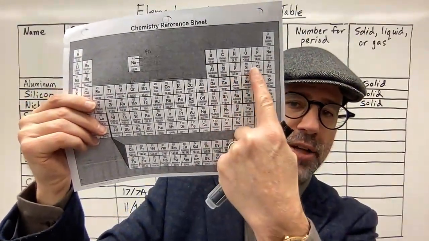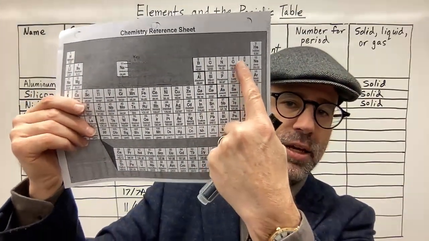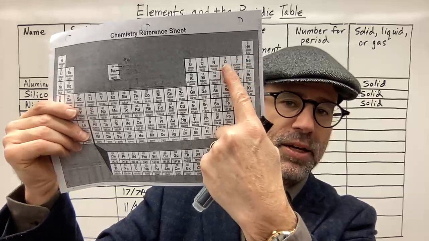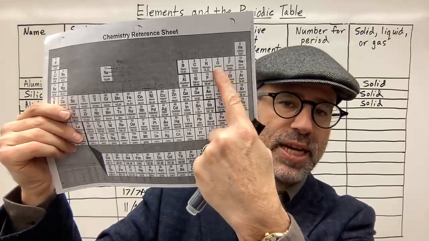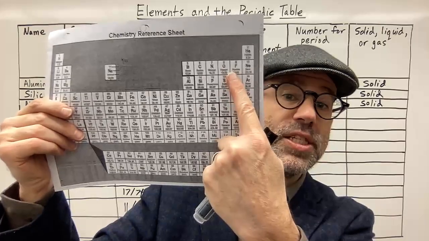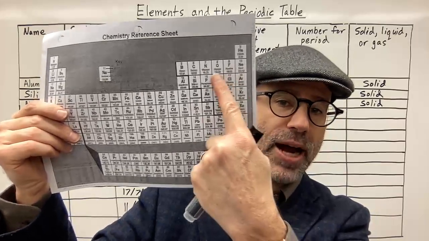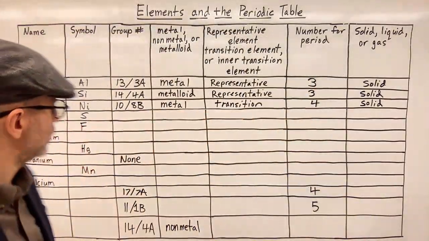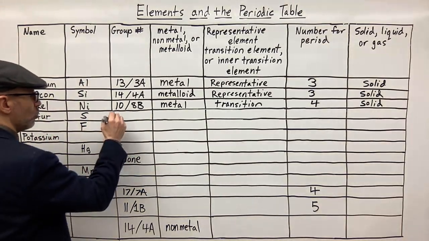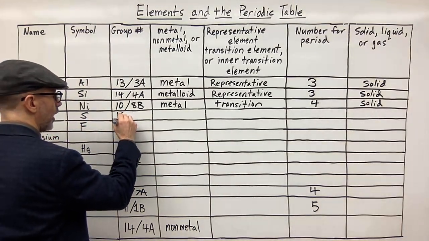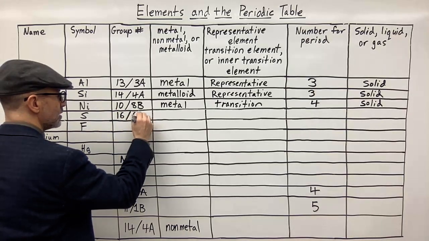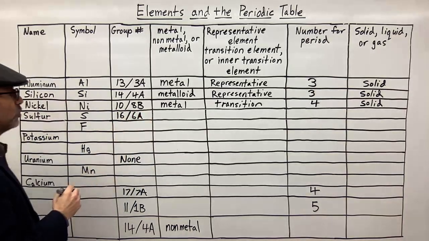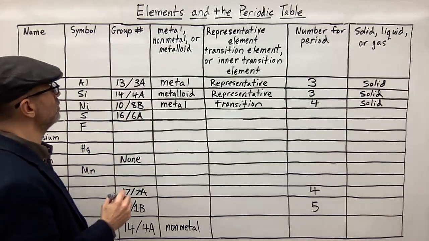And you can see here that it's in the group A. So it's in group 6A or 16 according to the IUPAC. So 16 or 6A. 16 according to IUPAC, 6A according to the old way of naming.